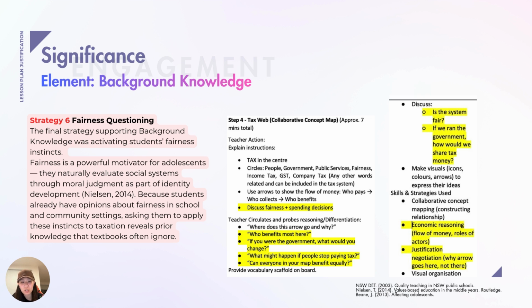So these questions create emotional engagement, transforming taxation from a policy topic into a personal justice issue. What is right? Who deserves help? So this helps students understand public goods and the redistributive system in a way that is both academic and relatable.